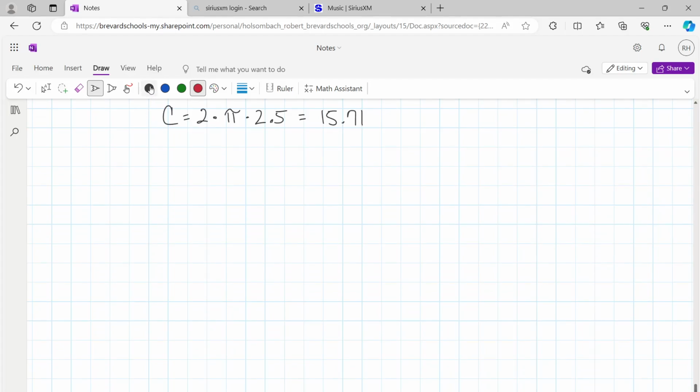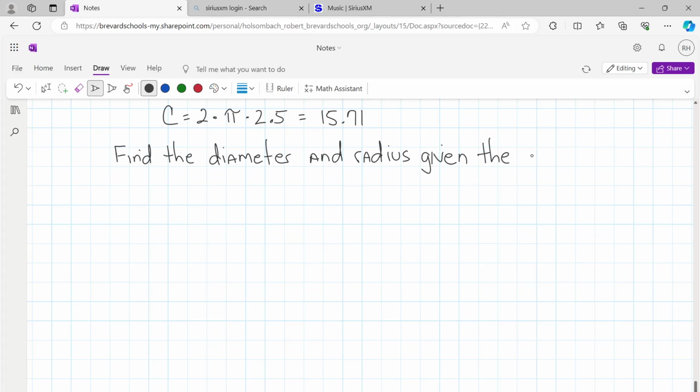Now the directions or instructions are find the diameter and radius given the circumference.